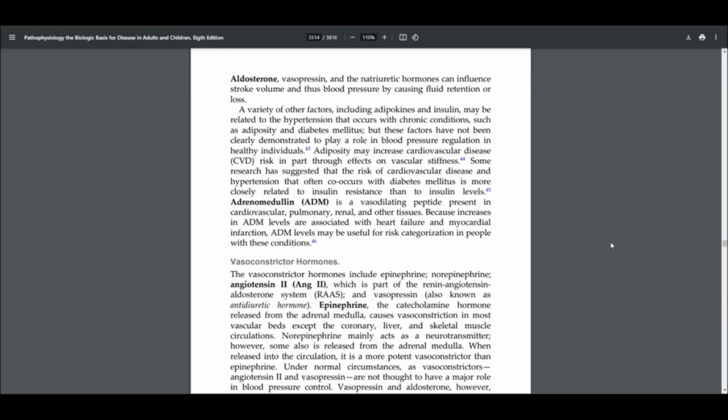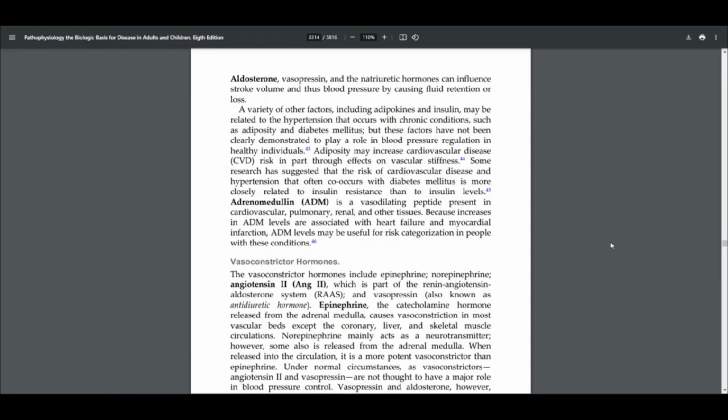But these factors have not been clearly demonstrated to play a role in blood pressure regulation in healthy individuals. Adiposity may increase cardiovascular disease risk in part through effects on vascular stiffness. Some research has suggested that the risk of cardiovascular disease and hypertension that often co-occurs with diabetes is more closely related to insulin resistance than to insulin levels.